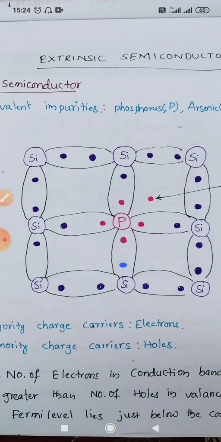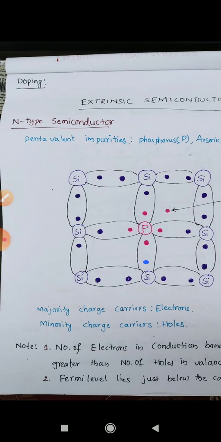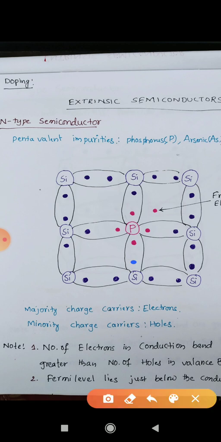Now, why are we calling it n-type? Because it generates electrons which are negatively charged. So we call this semiconductor a negative or n-type semiconductor.